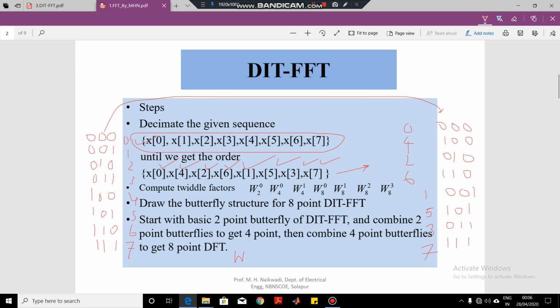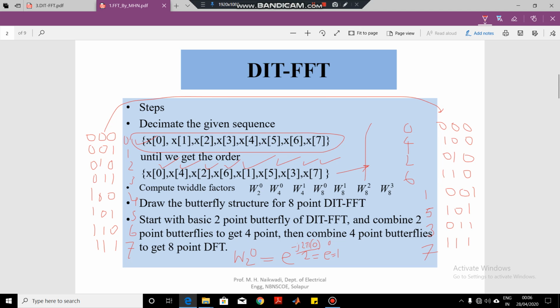W20 is equal to e raised to minus j 2 pi nk divided by capital N. Here nk is 0, and capital N is 2. So it is e raised to 0, because anything raised to 0 is 1. This is equal to 1. This is how we compute the twiddle factor.